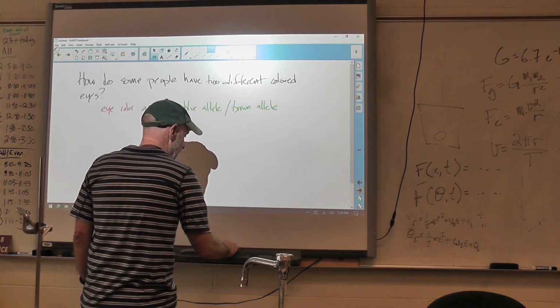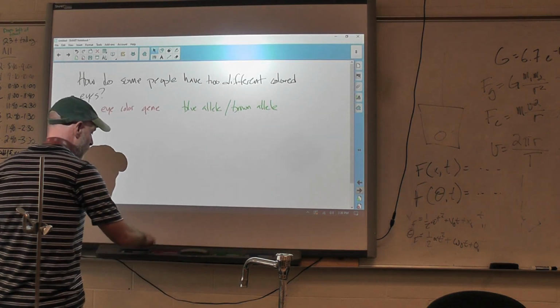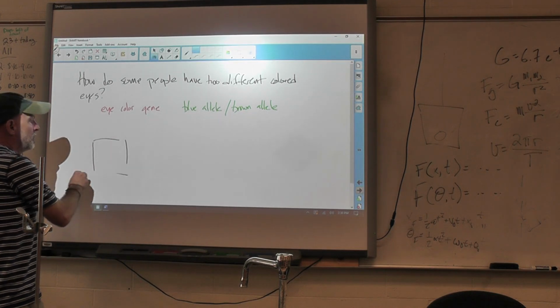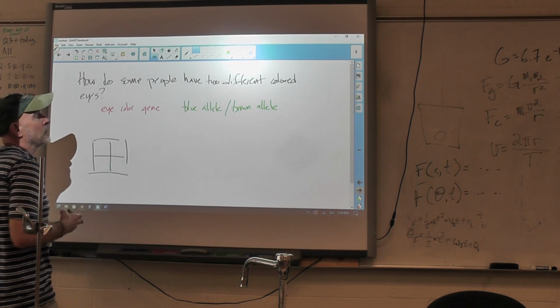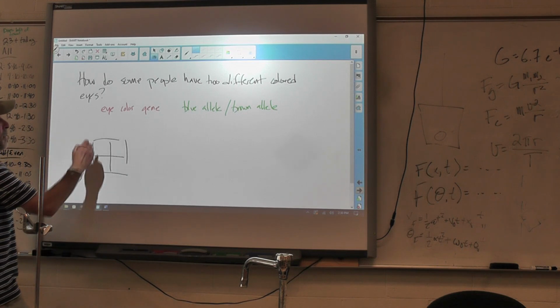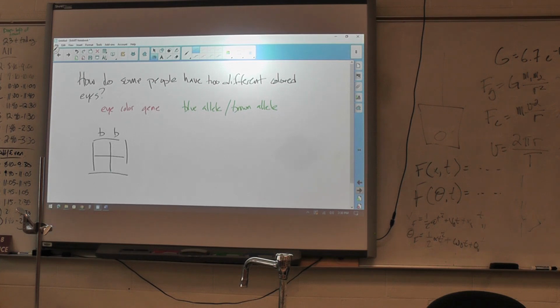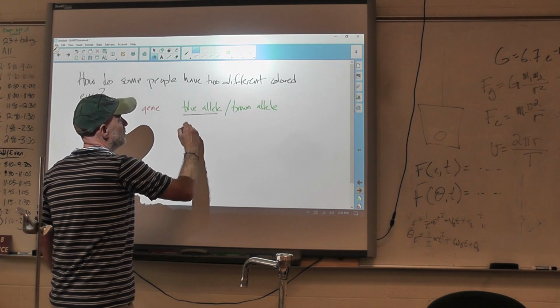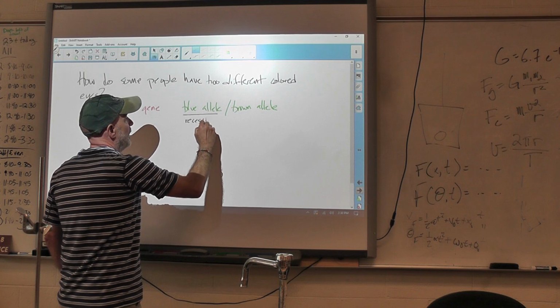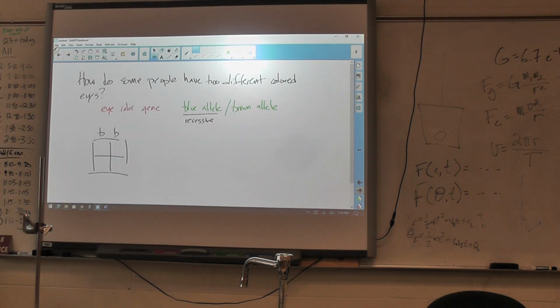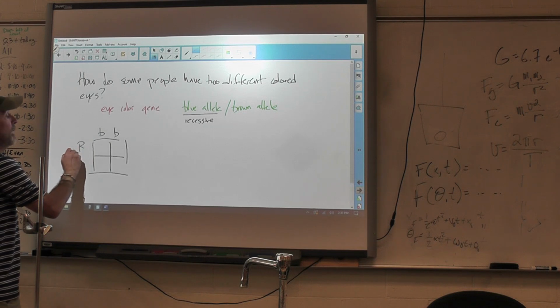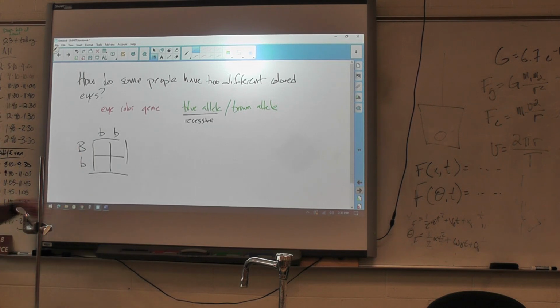So let's say that this individual had one parent who had blue eyes, so that parent had the recessive blue allele. The other parent was heterozygous. That parent had brown eyes, but had two different alleles: one dominant brown allele and one recessive blue allele.